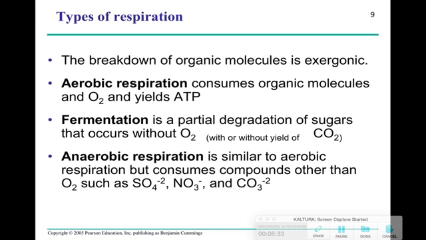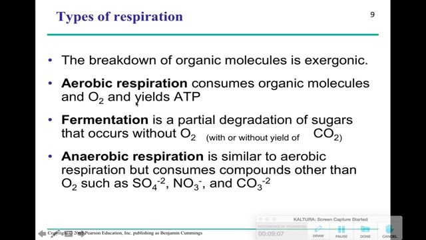Coming to the types of cellular respiration, breakdown of organic molecules is going to release energy, and that can be driven by oxygen. If it is driven by oxygen, then organisms have to respire, in the sense they have to take in oxygen. So aerobic respiration is when organic molecules and oxygen are required to yield ATPs, that is, energy from food is stored into ATPs.